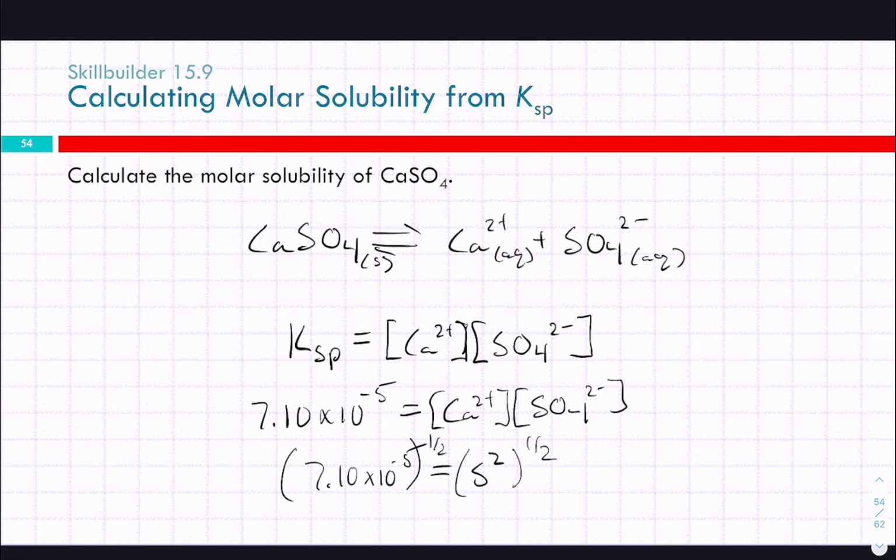So 7.1 times 10 to the negative 5 raised to the 0.5, and so S equals 8.43 times 10 to the negative 3. So that's how many moles of calcium sulfate would dissolve per liter of water. Not very many.